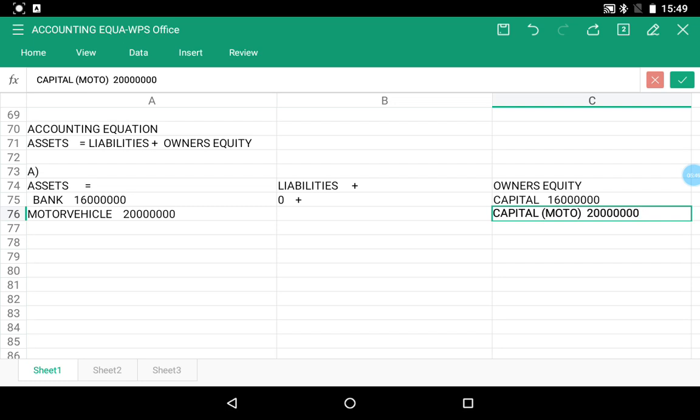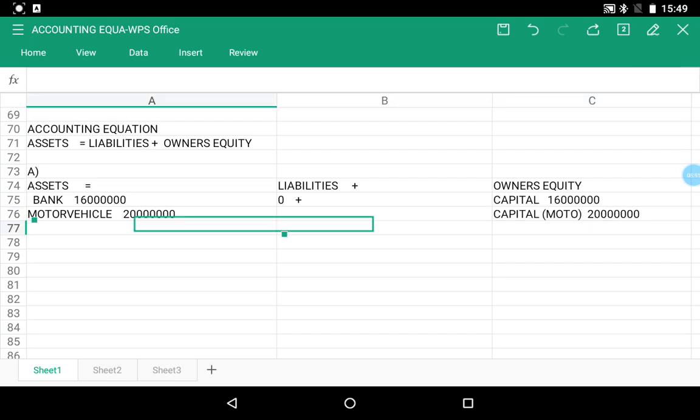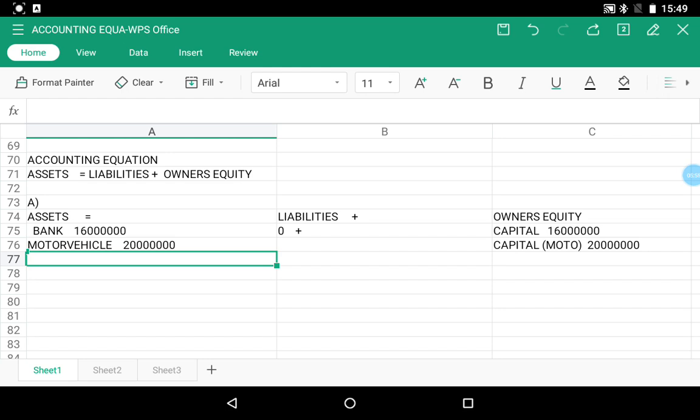So here we are going to first get our total. Under assets, 16 million plus 20 million, you get 36 million.